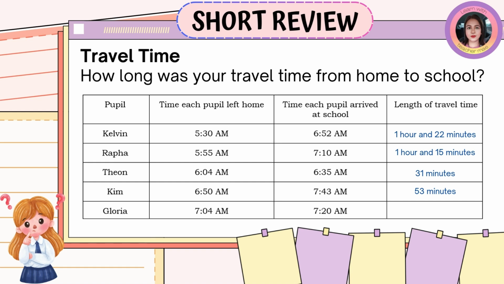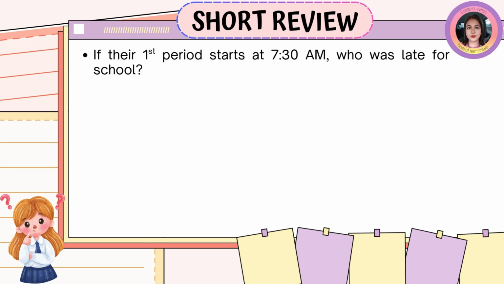The last one is Gloria. Time left home is 7:04 a.m. Time arrived at school is 7:20 a.m. Length of travel time is 16 minutes. If their first period starts at 7:30 a.m., who was late for school?